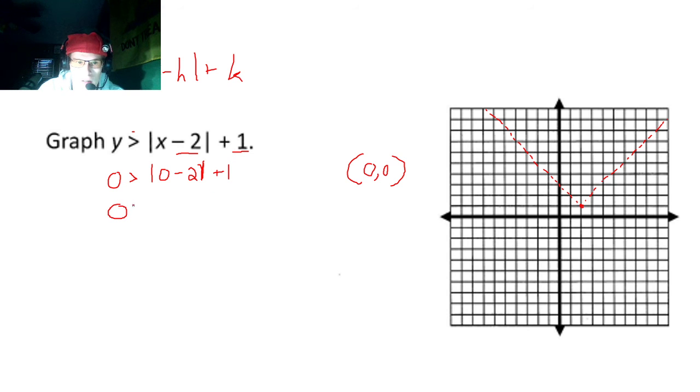So that means 0 is greater than 3. Is 0 greater than 3? It obviously is not. So the origin is not part of our solution set, which means we shade everything within the V. That is how you determine absolute value inequalities in any given situation.